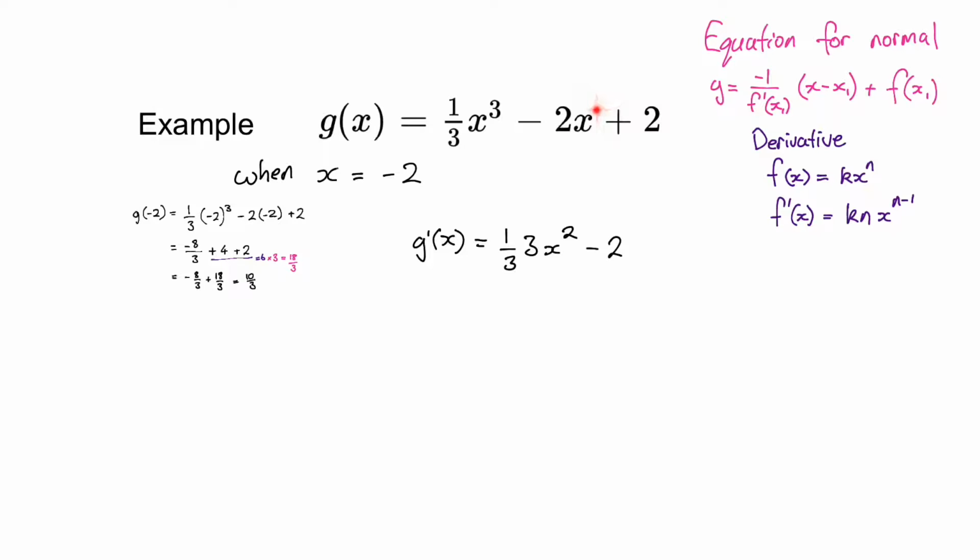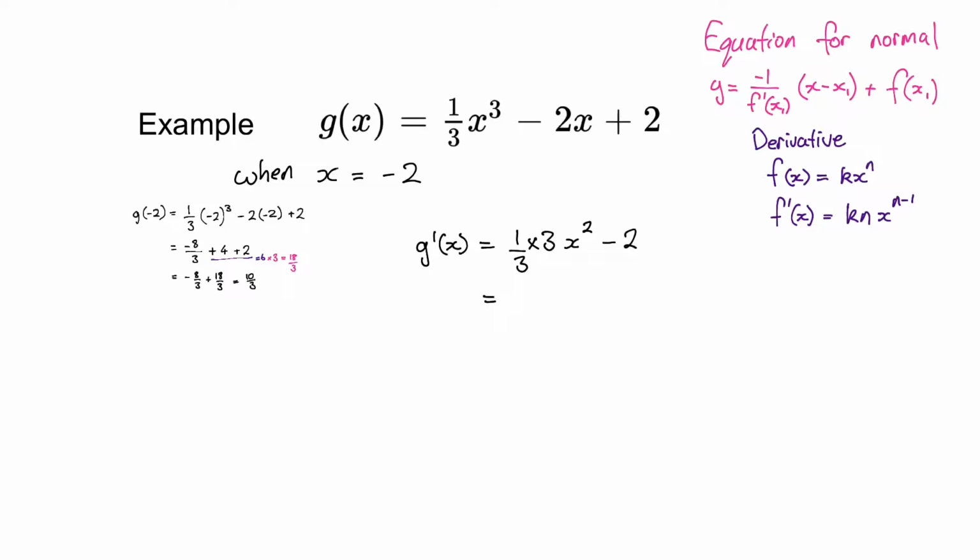Our 1 comes down, so it's times by 1. So let's try and find our g prime of x. Well, that's going to be equal to, our 1/3 stays, but we bring the 3 down, so it becomes 1 over 3 times 3x to the, well, 3 minus 1 is going to be 2, minus our 2 here stays, so we get 2x is just x to the 1, so it becomes x to the 0, which is equal to 1, so we just leave that off. And the 2 has no component of x, so we don't include that in the derivative.